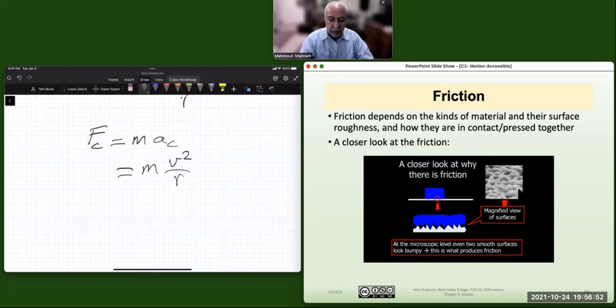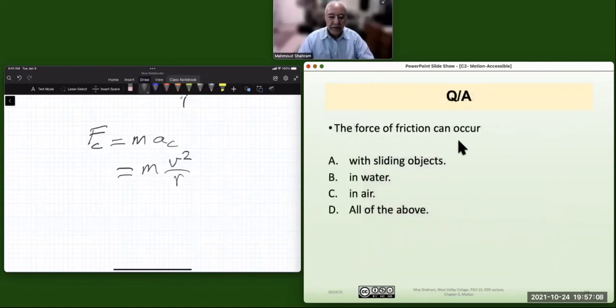So in a microscopic sense, that's what actually happens. The smoother you can get these two surfaces, the less of an interaction there would be. So the force of friction can occur, as we just said, with sliding objects, in the water, in the air, and everywhere. So all of the above.